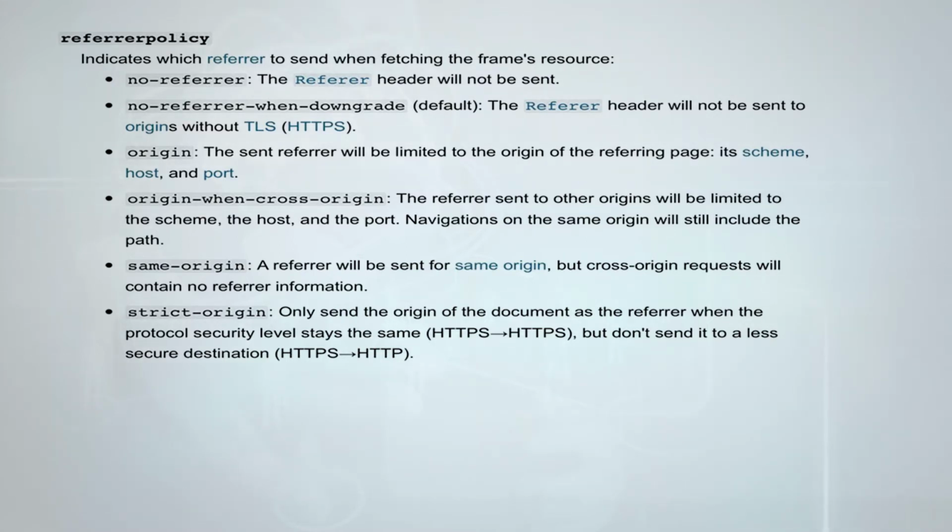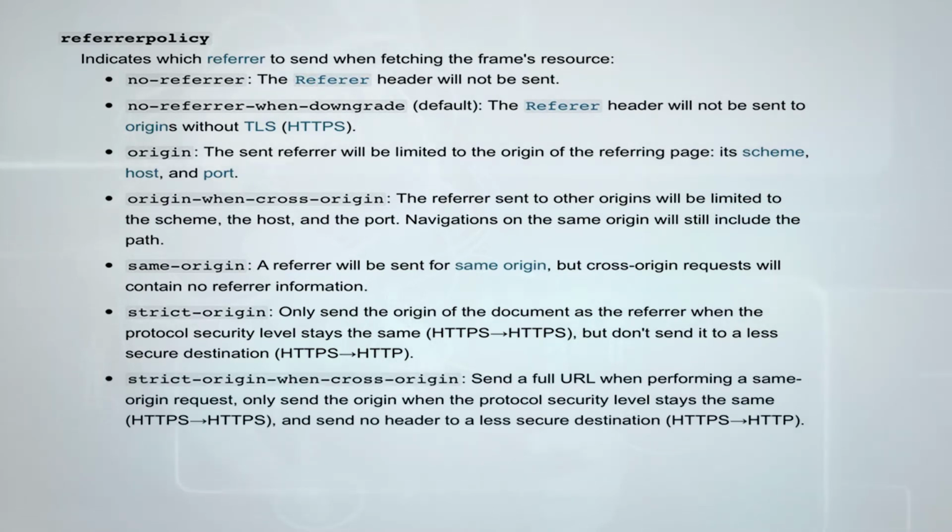So if your website starts with HTTPS, don't expect it to go to something that starts with HTTP unless you have a control appropriately, otherwise it will not work there. Then you have strict-origin-when-cross-origin. So you send a full URL when performing a same origin request.